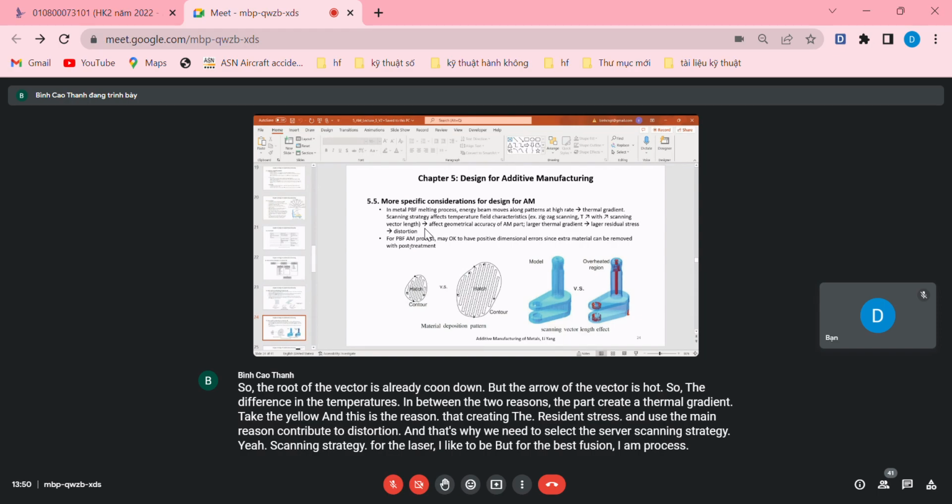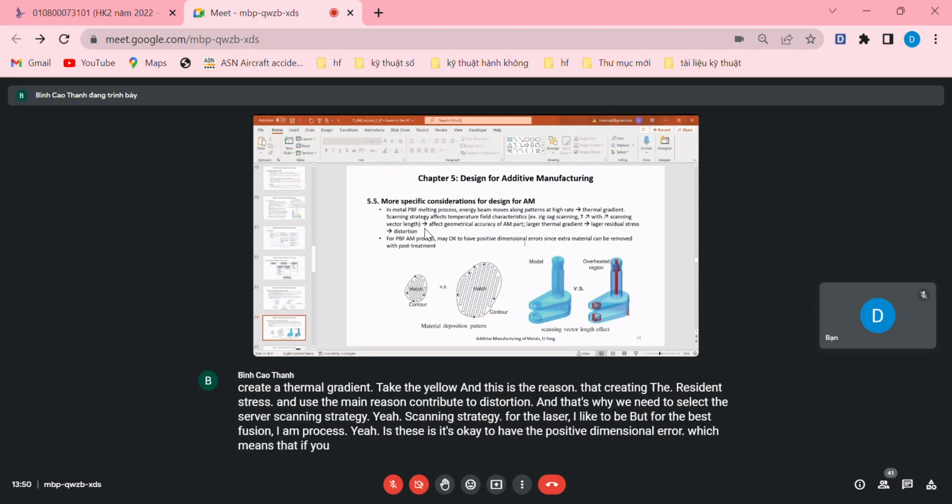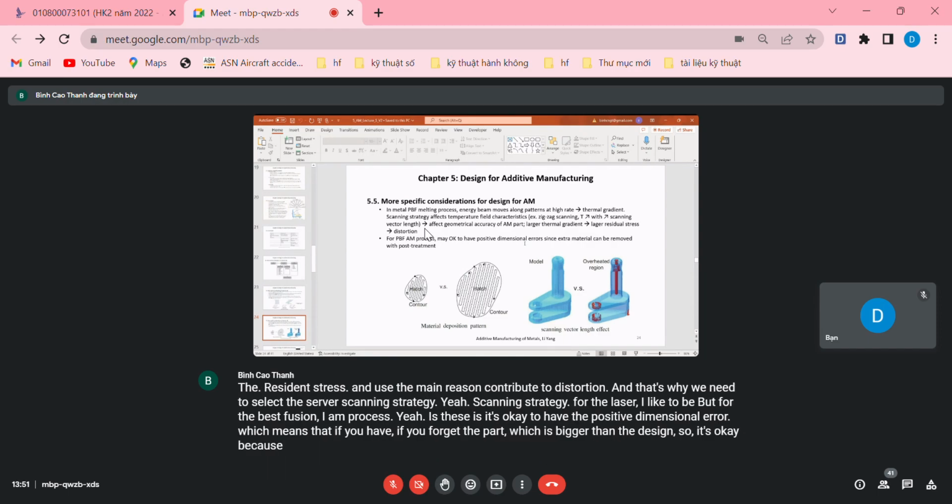But for the powder bed fusion AM process, it's okay to have the positive dimensional error. This means that if you fabricate a part which is bigger than the design, it's okay because you can perform the cutting process afterwards.